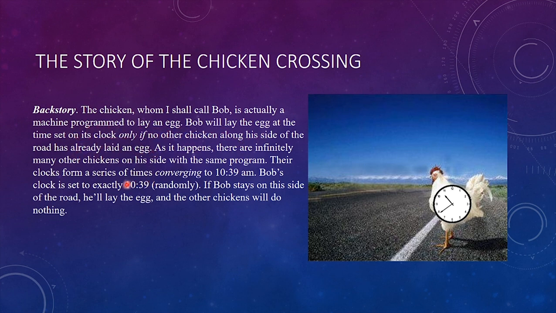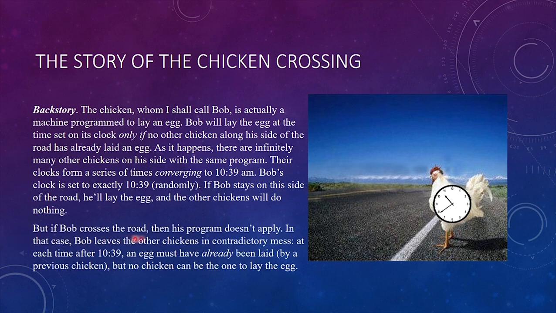Well, Bob's time is the earliest time, 10:39, and every other time is after Bob's time. So if he stays on this side of the road, he'll lay the egg, and the other chickens will just do nothing. They won't lay their eggs because an egg has already been laid. However, if Bob crosses the road, then his program doesn't apply.